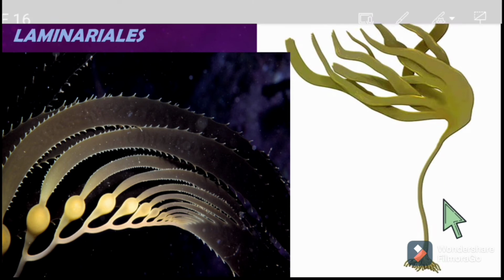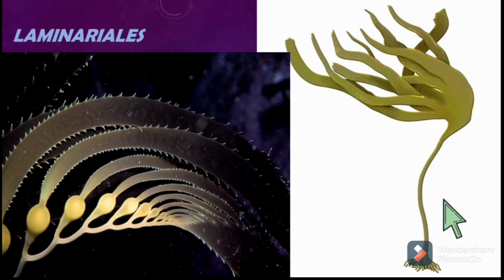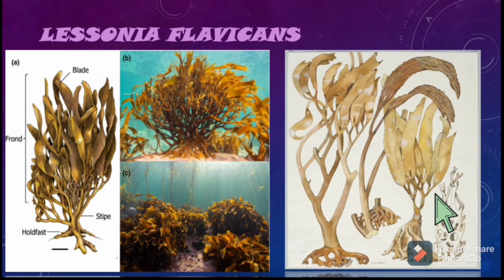Now we have another type here, Lessonia flavicans. Lessonia flavicans bears resemblance to miniature trees, and it also has a thick stipe. This is the stipe, the lower portion here.